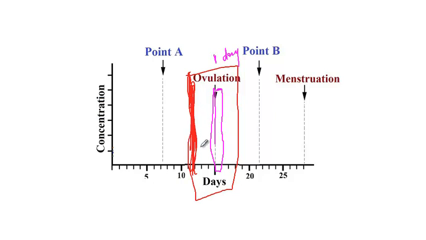So there is only a short window, about 5 to 6 days prior to ovulation and 1 to 2 days after ovulation, where the female can actually become pregnant. If we move outside this window, then the chance of pregnancy significantly drops.